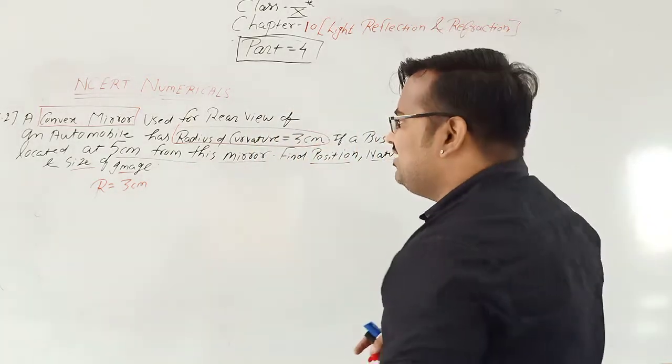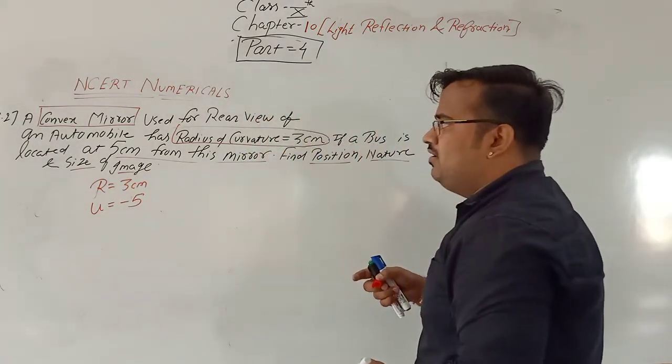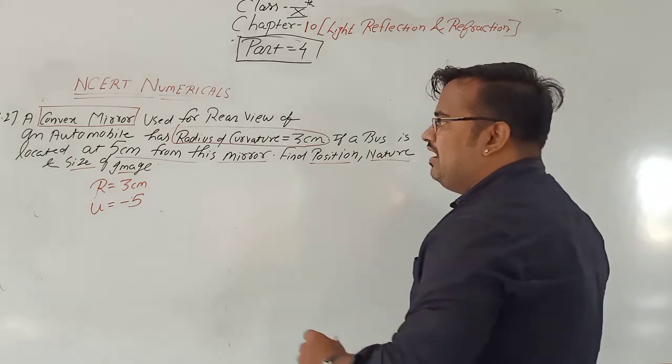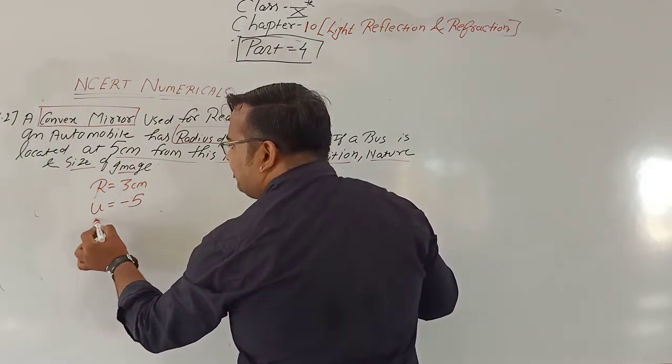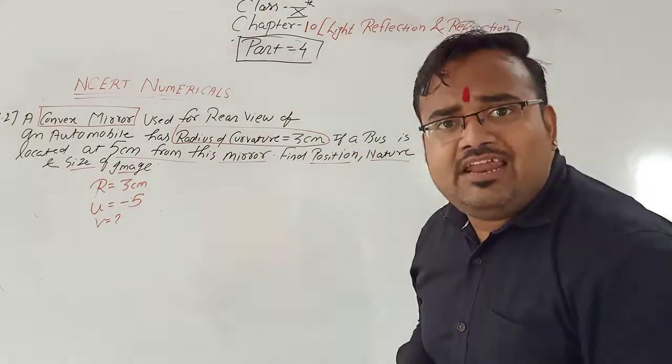That means u is equal to -5. Find the position, nature, and the size of image. That means we have to find out first v. Now, how can we find out the v?